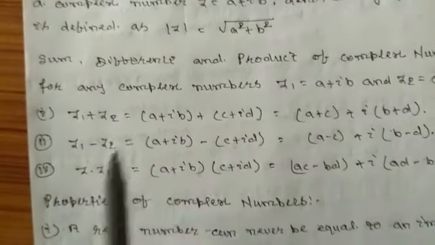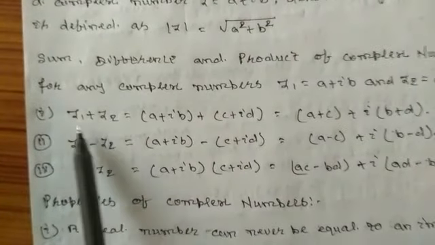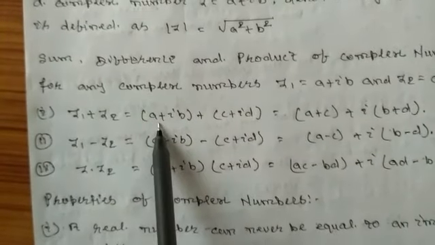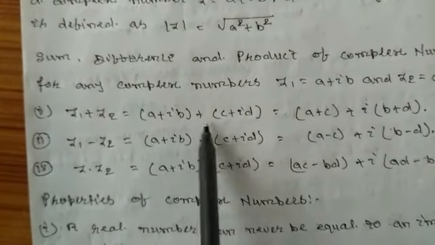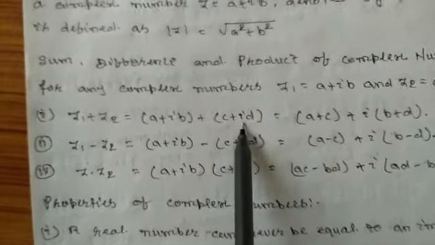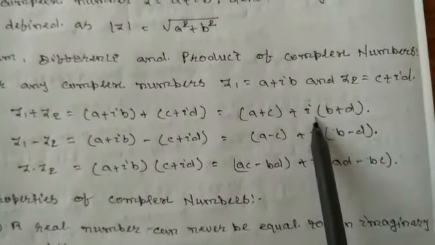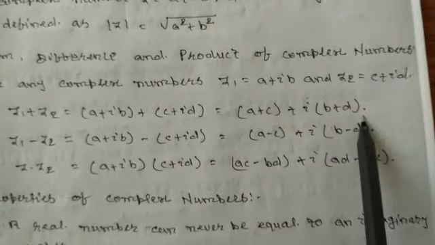When you add them, z1 plus z2 equals a plus ib plus c plus id, which equals a plus c plus i into b plus d.